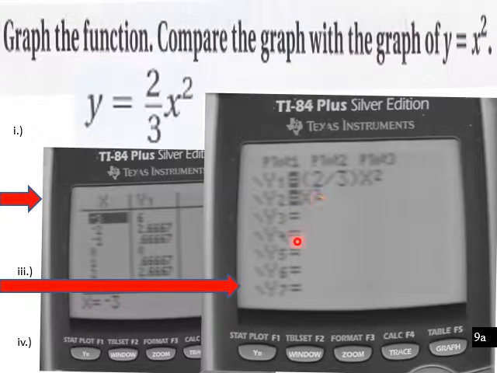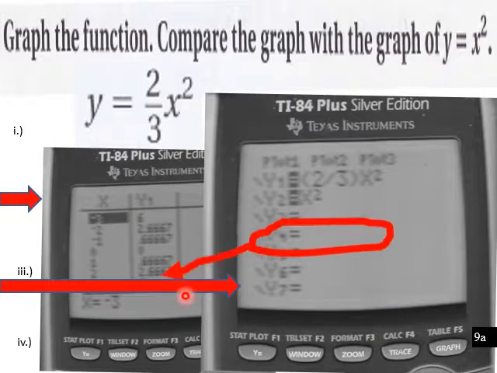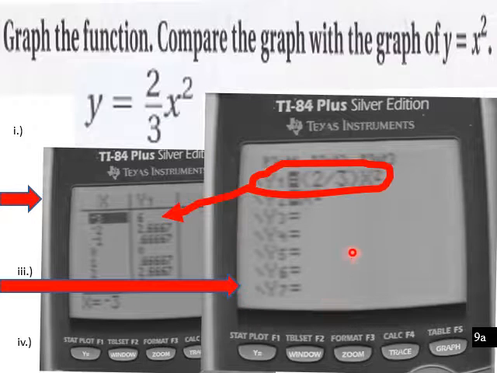And then here's the comparison: y equals 2/3 x squared, and then y equals x squared. The values in this table on your calculator are the table of values for this quadratic.